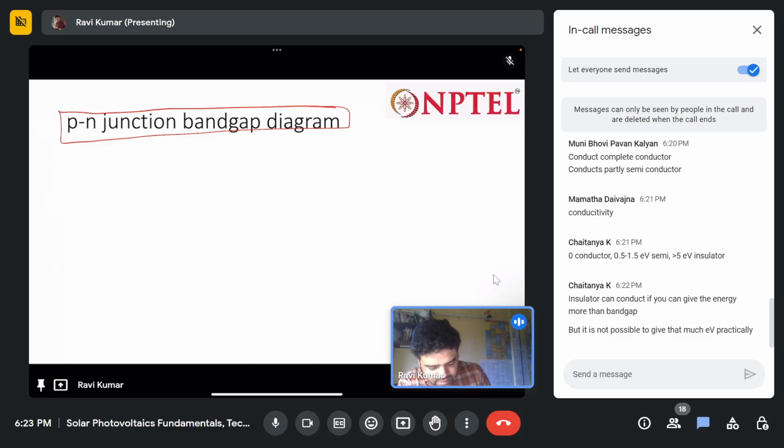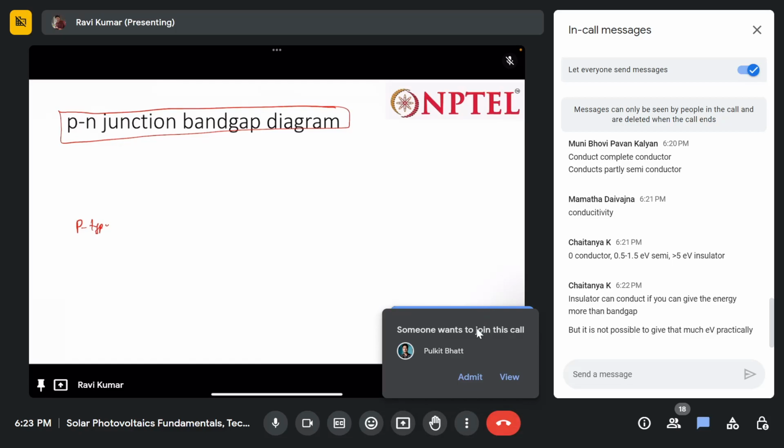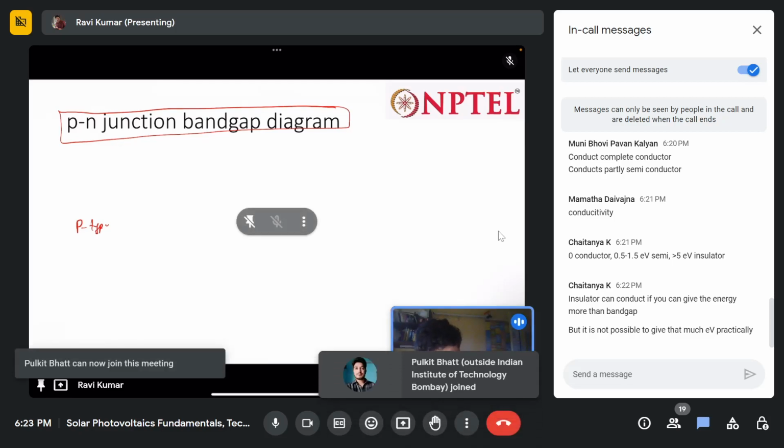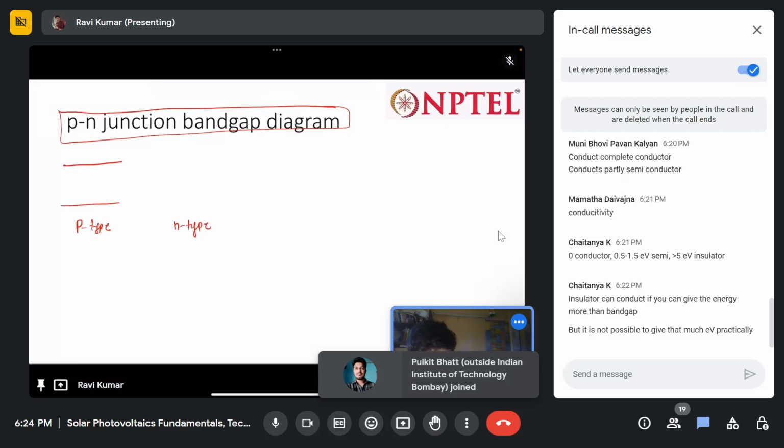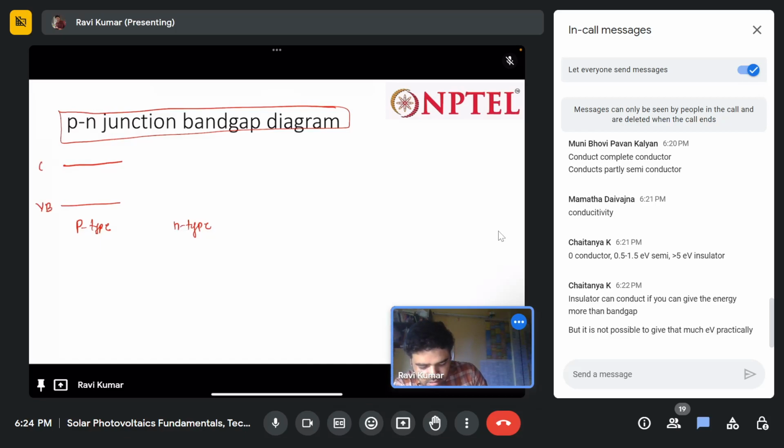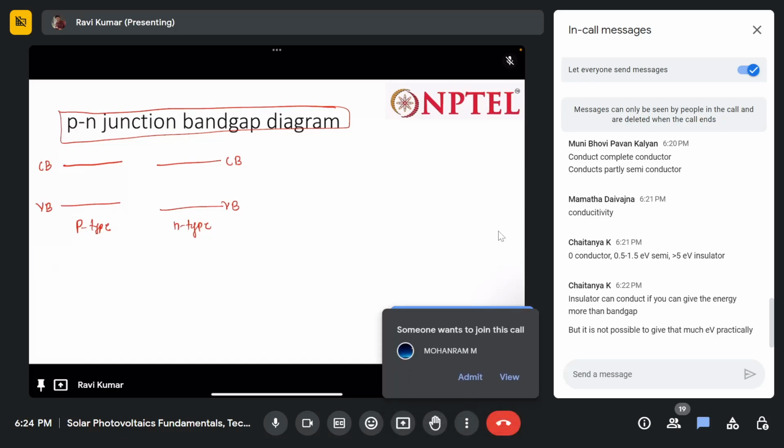If this is P type, and here I'll draw N type. If this is our valence band and this is our conduction band, and here again valence band and conduction band. Where should I draw the Fermi level in case of P type and in case of N type, both?